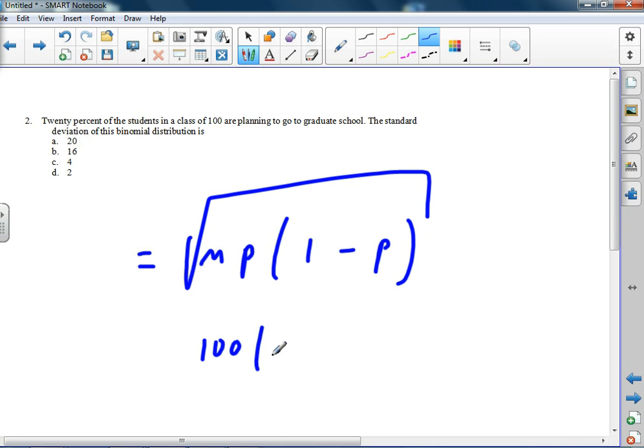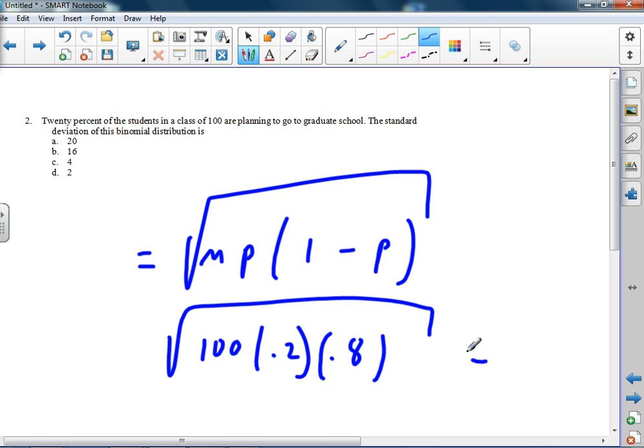The probability is 0.2. 1 minus 0.2 is 0.8. Square root of that whole mess is 4.